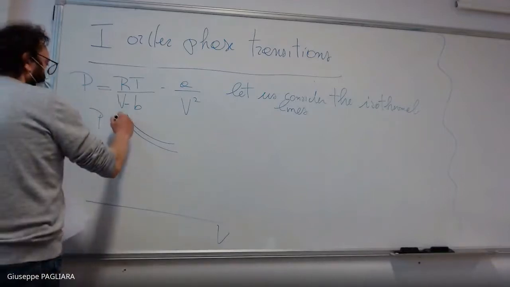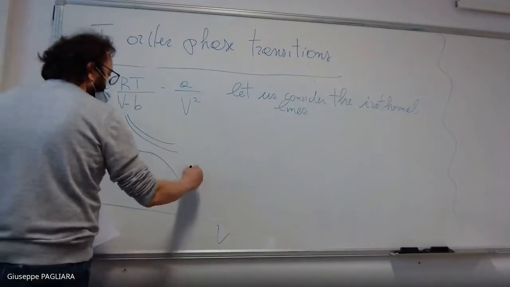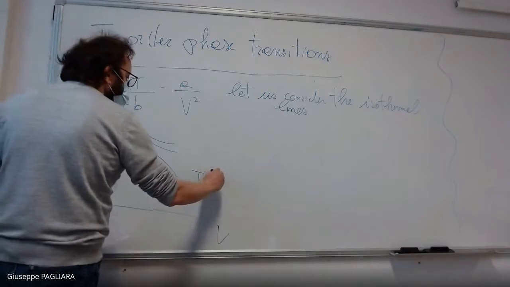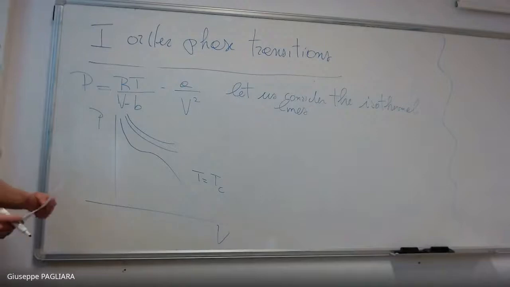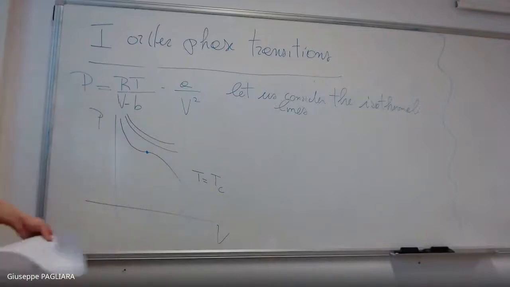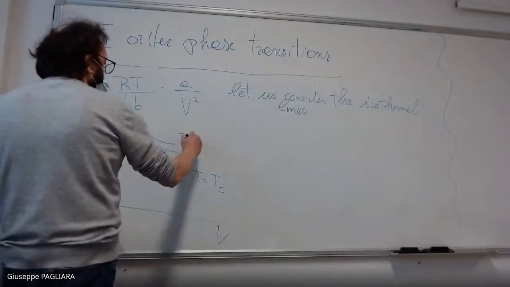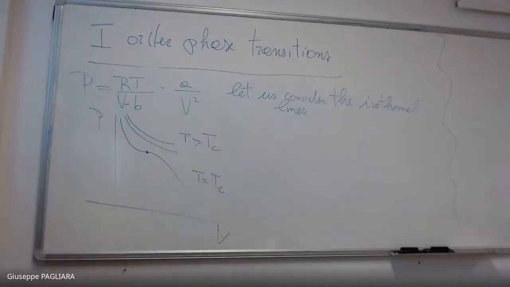Then at some point, we have a curve like that, which corresponds to T equal to Tc, which can be determined, as we will see, as a function of A and B. So we have a line for which the derivative of the pressure with respect to the volume at some point is 0, which is a critical line. And this is T larger than Tc. We will see what Tc is as a function of A and B.